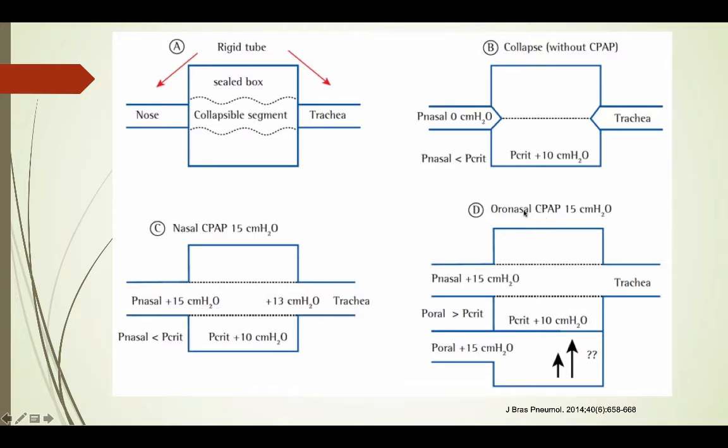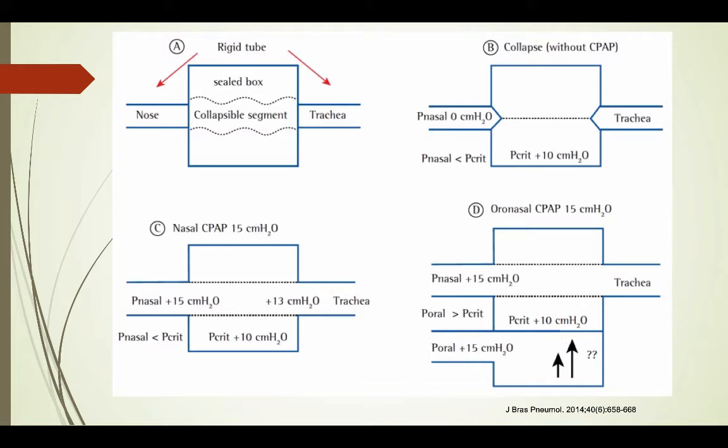Whereas when we apply an oronasal mask, it applies pressure through the nasal route and it also applies pressure through the oral route, that is through the mouth. And what pressures are achieved when we deliver through the mouth is something of questionable value.